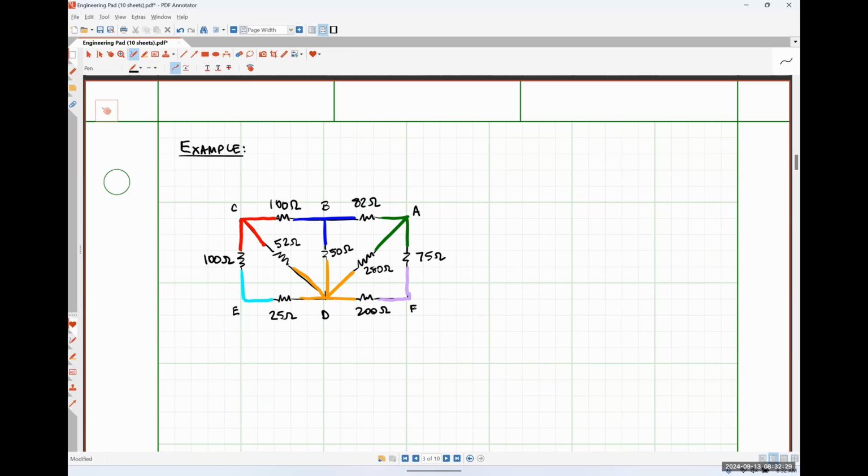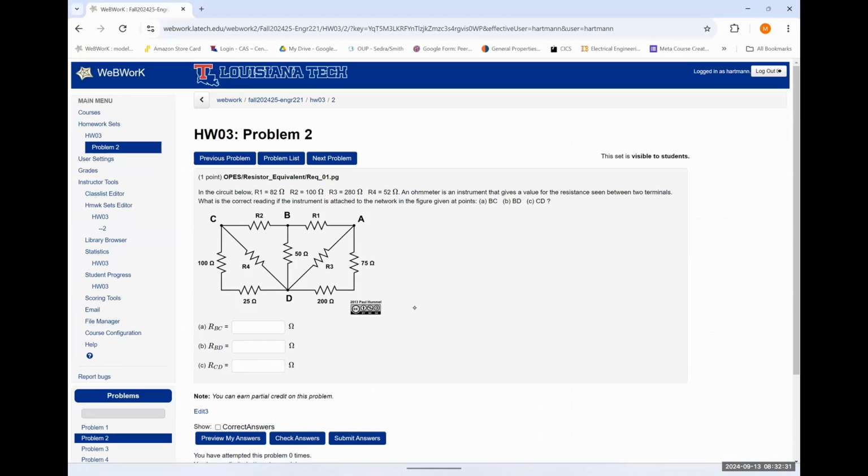So as part of this homework problem, you are asked to find the equivalent resistance seen between particular pairs of terminals, okay? So for part A, you're asked to find the resistance between terminals B and C. For part B, you're asked to find the resistance between terminals B and D. And in part C, you're asked to find the resistance between terminals C and D. So I want you guys to tell me whether we're answering A, B, or C. It's all going to be similar, but they are not going to be the same thing.